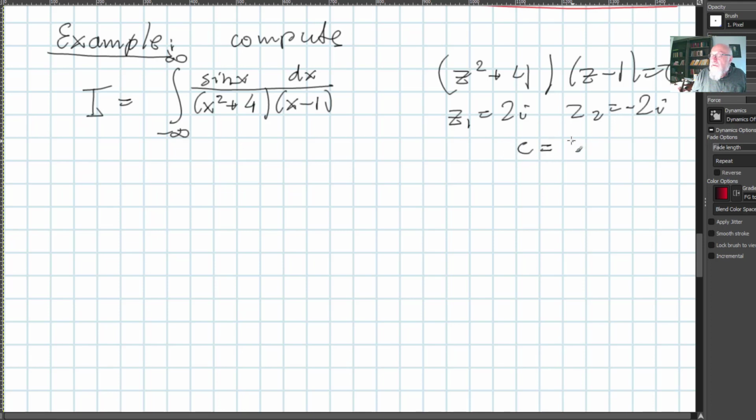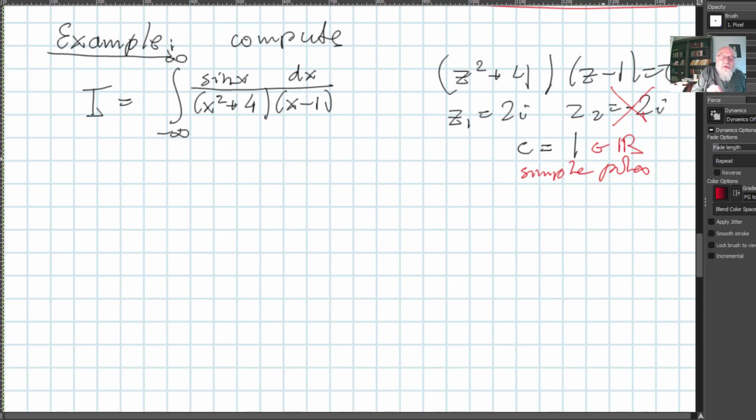So those are the poles. All of them are simple poles, but that one is in the lower half plane. So that means it is excluded. This one is in the real numbers. So I can write the answer.